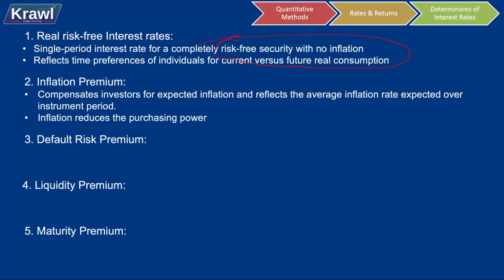Inflation premium compensates investors for expected inflation and reflects the average inflation rate expected over the instrument period. Say there are two time periods, over a period of 1 year.